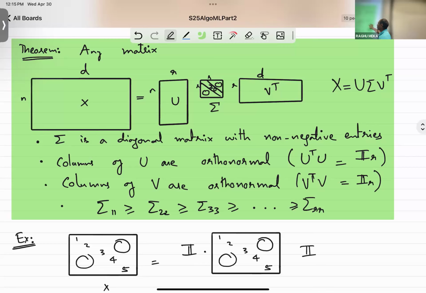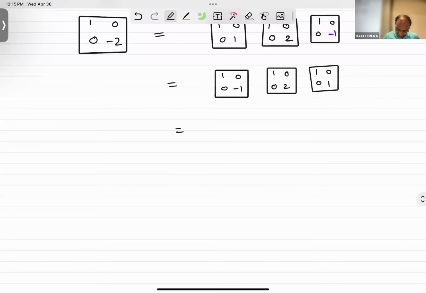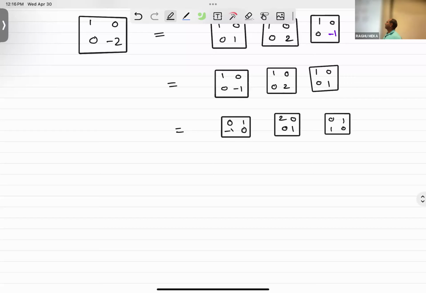The first three properties are fundamental. The last one is just convention. Maybe just to be clear, why don't I write it down? Just 2, 0, 0, 1. You can check that this product also equals this product.